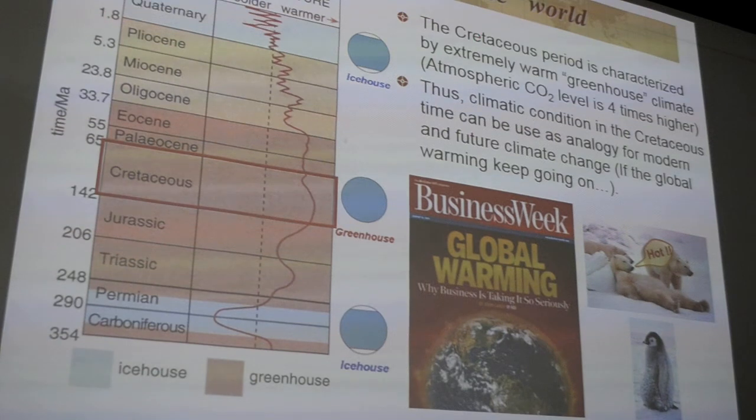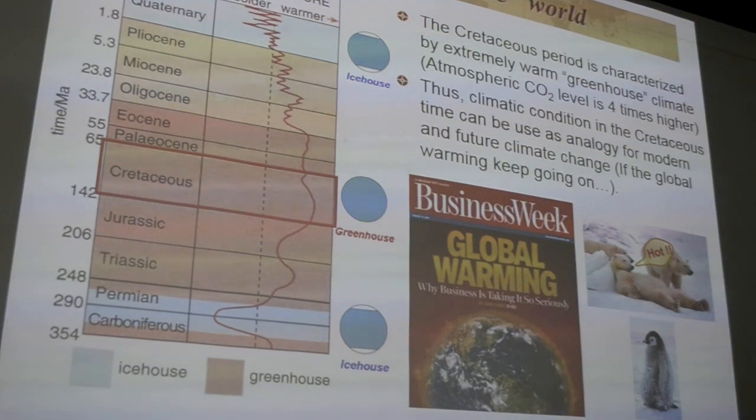As I said, the Cretaceous period is characterized by an extremely warm greenhouse climatic condition, and atmospheric carbon dioxide was 4 times higher than present. Recently many people are concerned about global warming as a problem all over the world.